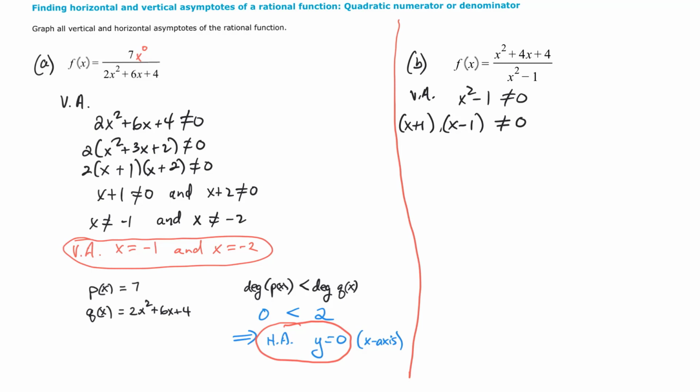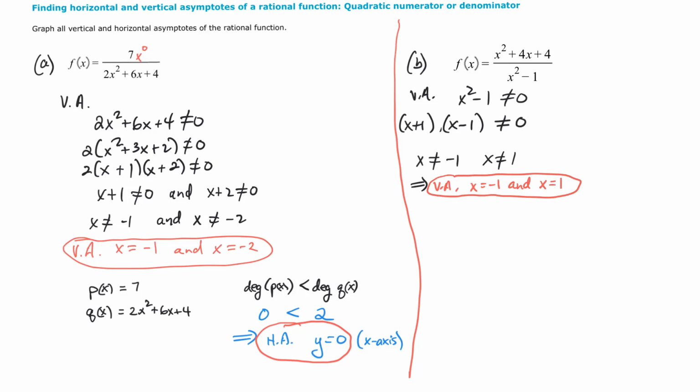Have an eraser handy. X cannot be what this time? X cannot be negative 1, x cannot be 1. So that will help you yield your vertical asymptotes as well. Vertical asymptotes then will be x equal to negative 1 and x equal to 1. We have 2 of them.